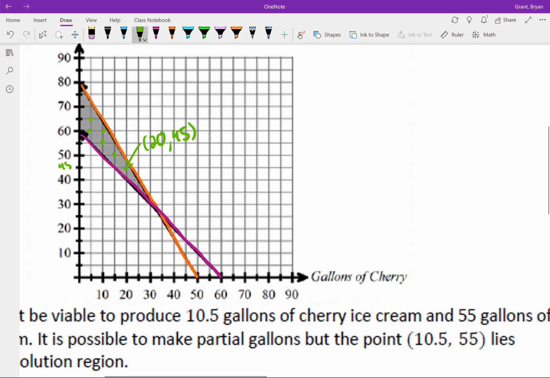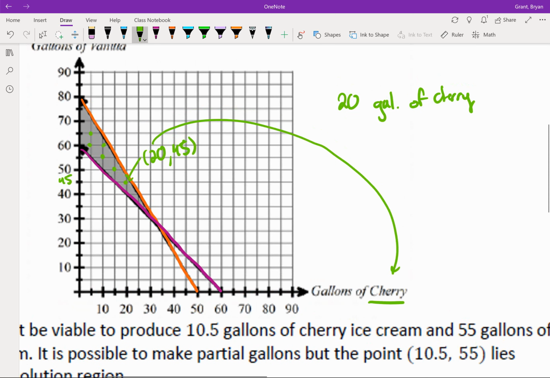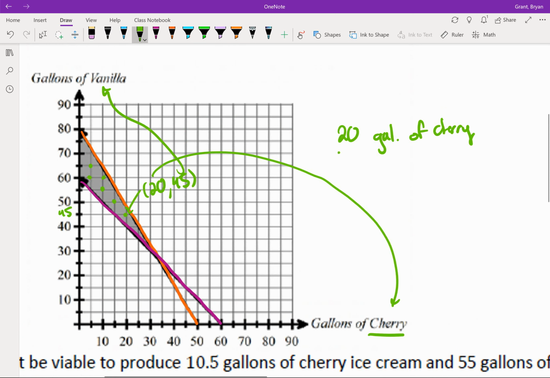See the 45 over here? Now, without doing any math, I know something about this point. The 20, the x, means we're making 20 gallons of cherry ice cream, and the y, which is up here, is our vanilla, means we have 45 gallons of vanilla.